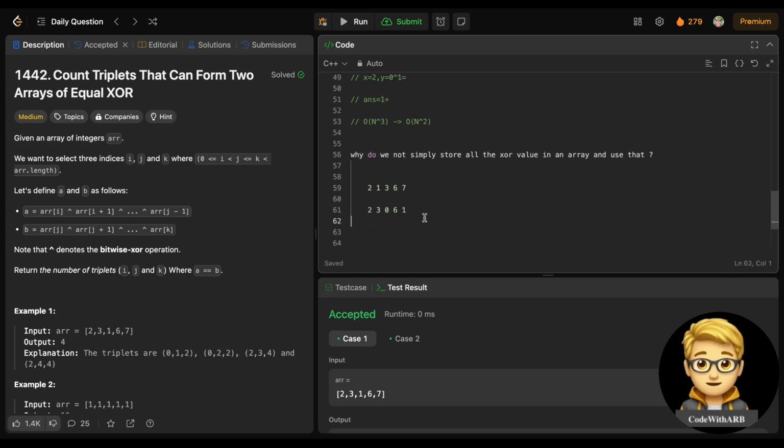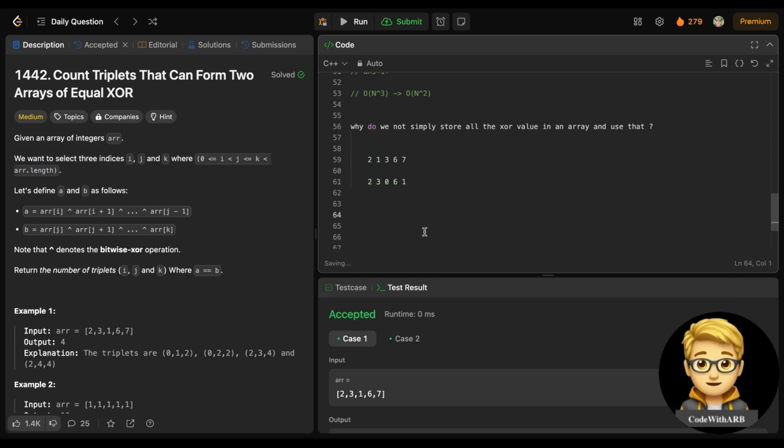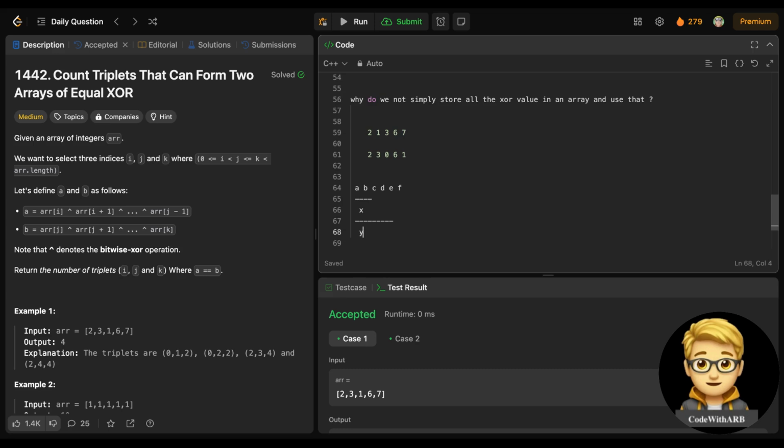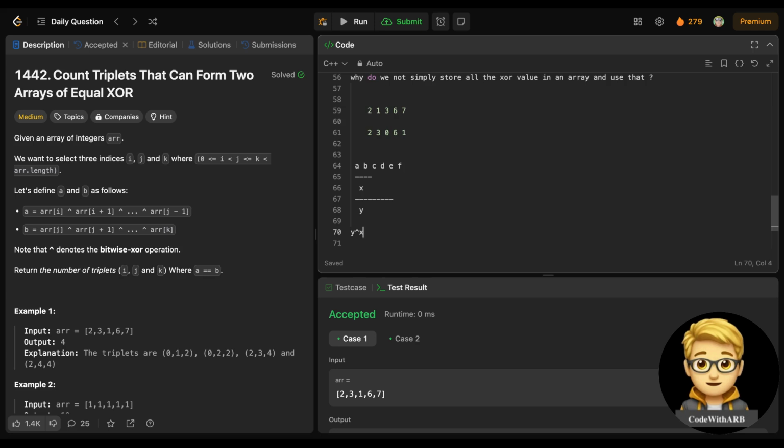One property of XOR is, if you take a b c d e and f, and take the XOR of values a, b, c and store it in x, and take the XOR of a, b, c, d, e and store it in y, then y XOR x will give us the XOR value of d and e. Understood? Why is this working?